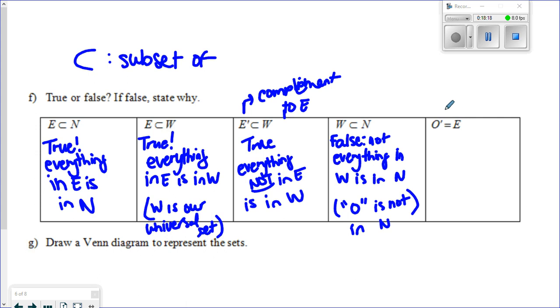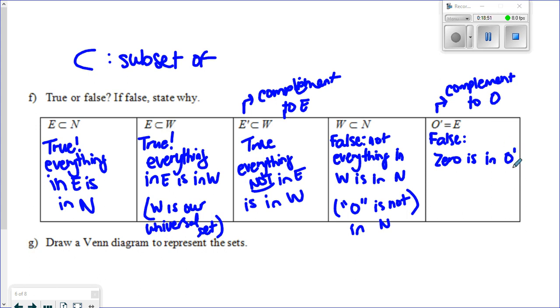O prime, so this is saying the complement to O is equal to E. So everything that's not odd is within our set of evens. Innately you would think, yeah, everything that's not odd is even, but the problem actually comes from that 0. So false. 0 is in O prime.